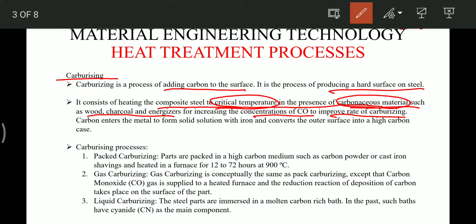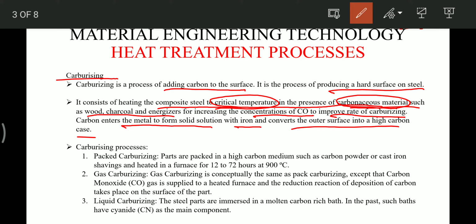The carbon enters the metal to form a solid solution with the iron and converts the outer surface into a high carbon case. As you know, as the percentage of carbon increases, the hardness of the material also increases. So what we are doing here is increasing the percentage of carbon only on the surface, not in the bulk or homogeneously throughout the workpiece.